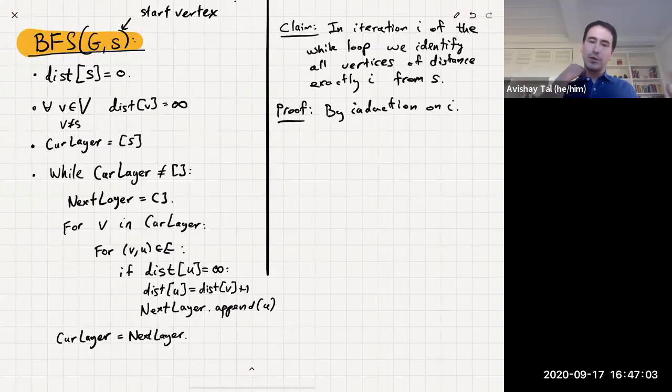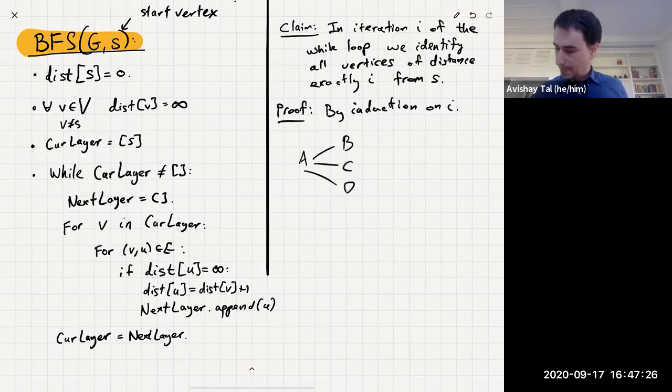I'm not going to go into the details of this, but you can try to do it as an exercise. I want to say maybe what is the difference between this and the book. Let's look at the graph we had before, and let's say that this is a graph. What would happen?